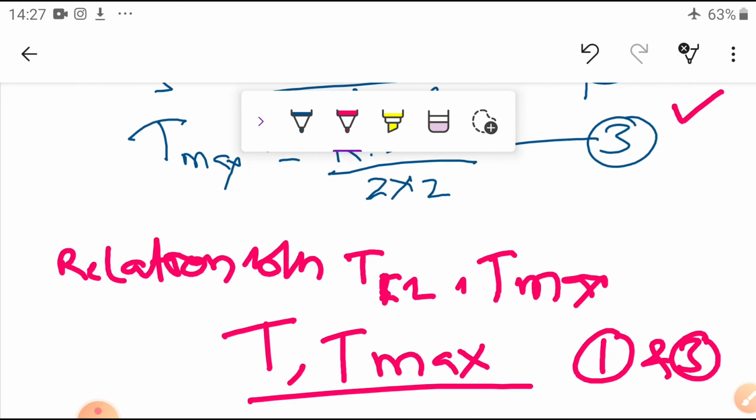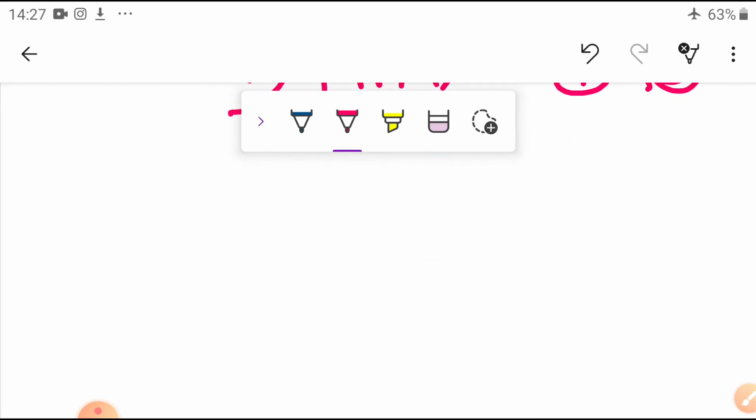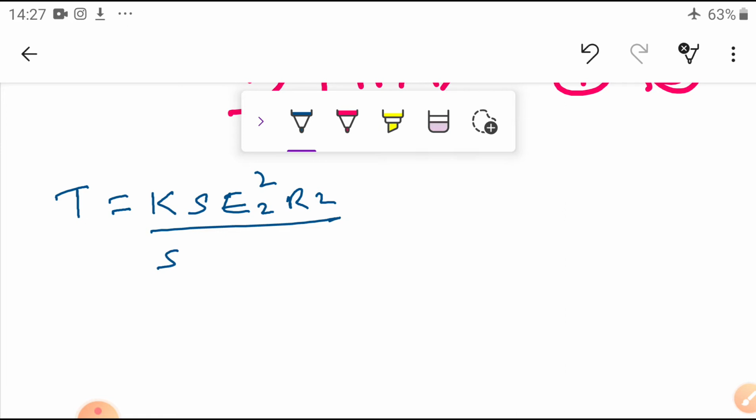Then first write the equations. T is equal to K into S into E2 whole square R2, divided by R2 whole square plus S X2 whole square.